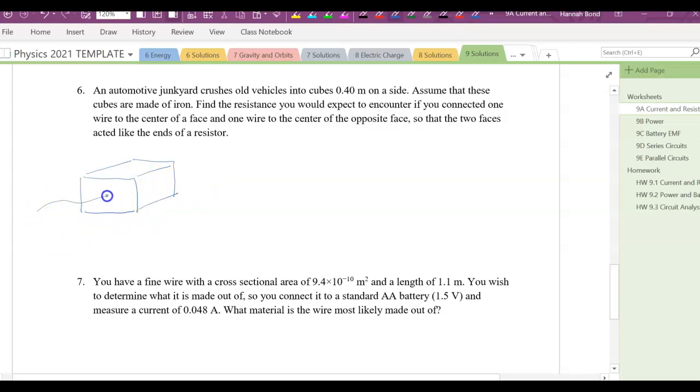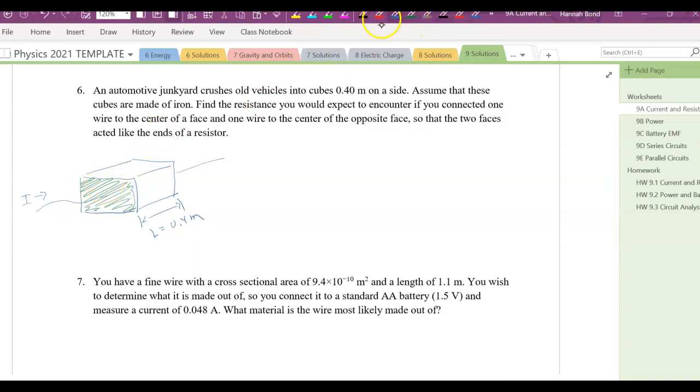So if I run a wire in here and it comes out the other side, current is flowing in that direction. The length of this device is going to be 0.4 meters. And here on this face of the block, that is the cross-sectional area.